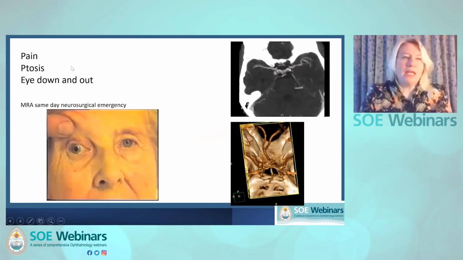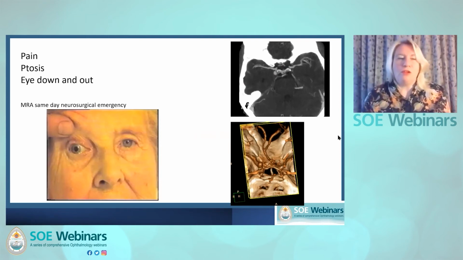This is one of the eye emergencies that I am always on the lookout for. This lady came into casualty and she said she had got a bit of double vision, but that had gone now because she had a ptosis. She was complaining of great pain, and that's not the sort of pain where you think a slight headache.